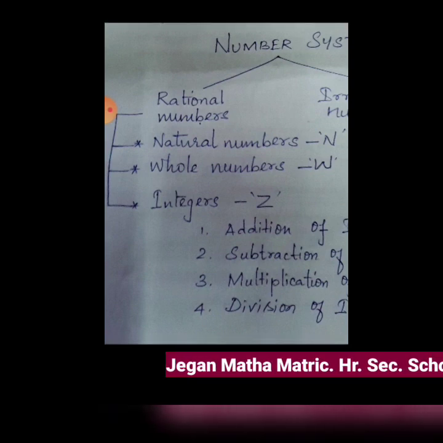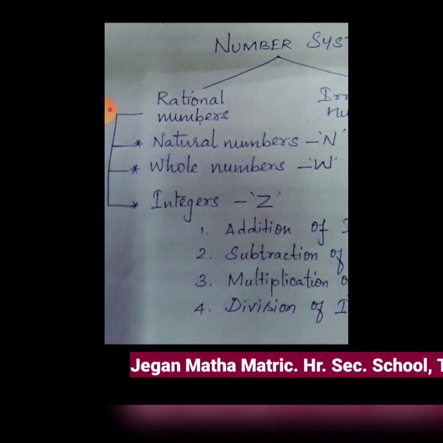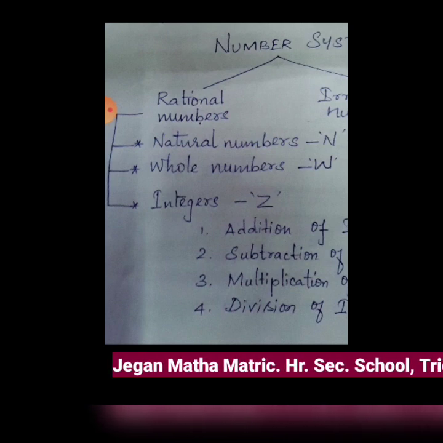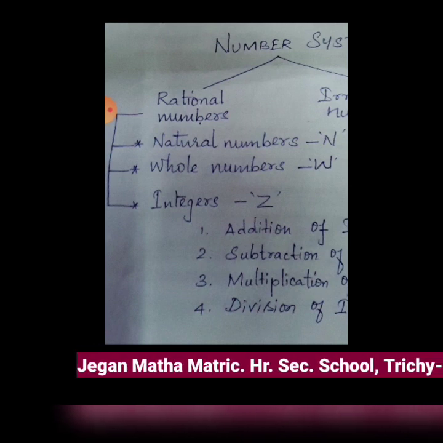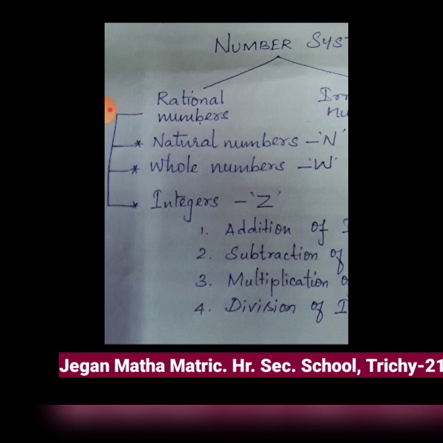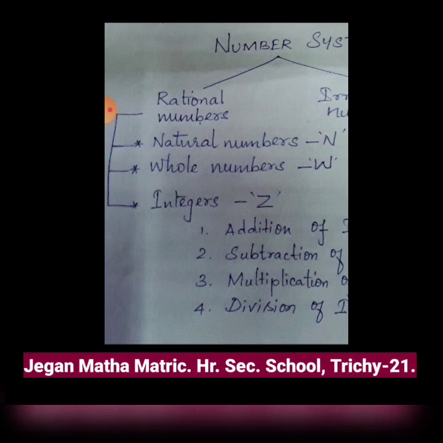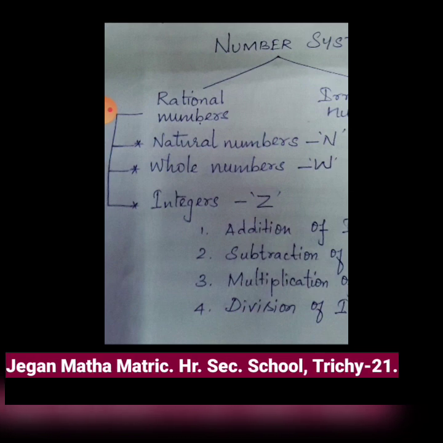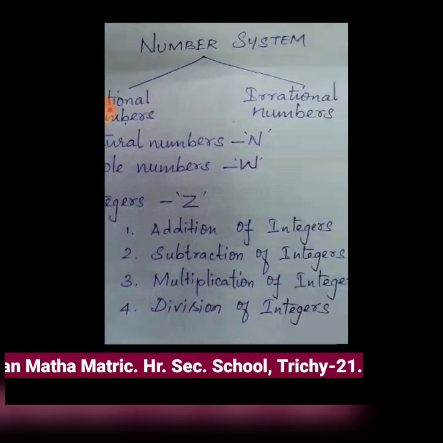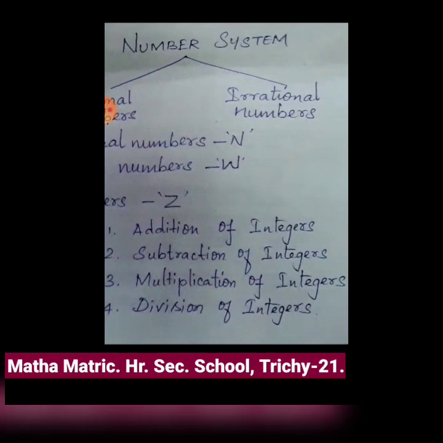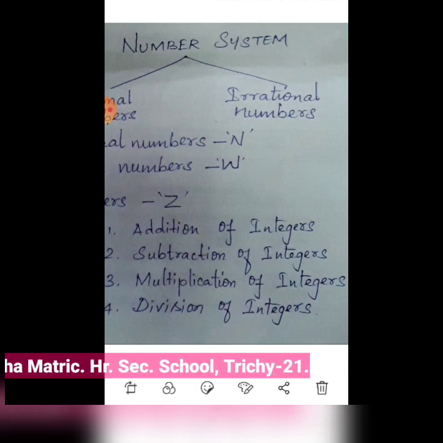In 7th standard, you are going to learn about integers. Integers are defined as the collection of positive numbers, 0 and negative numbers. In 7th standard, you are going to learn about addition, subtraction, multiplication and division of integers.